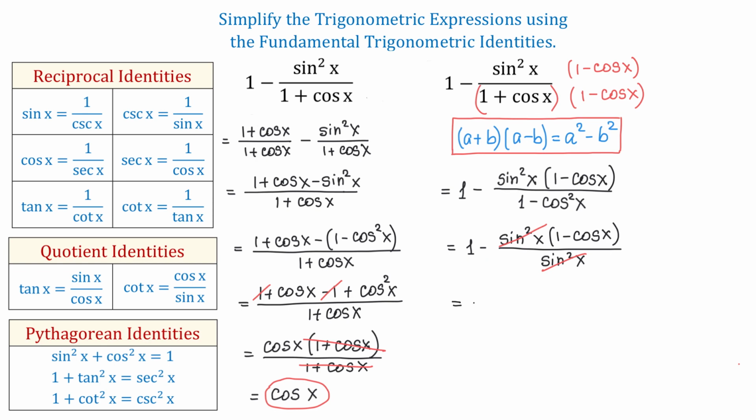So we will have 1 minus 1 plus cosine of x. So we are distributing this negative to each term inside the parentheses. And now 1 and negative 1 will cancel, and the result will be cosine of x. And this is the simplified expression.